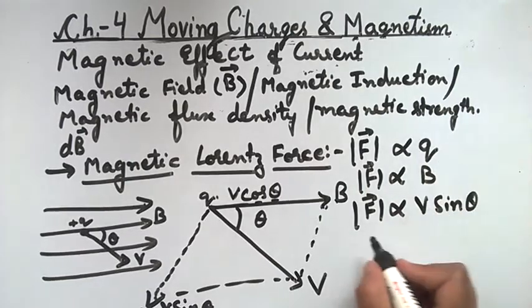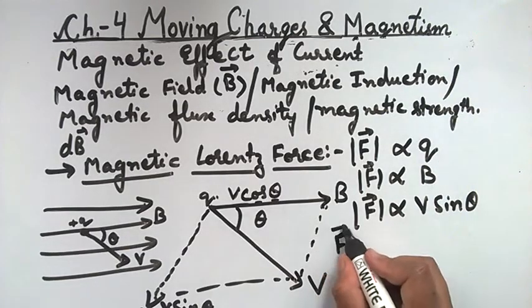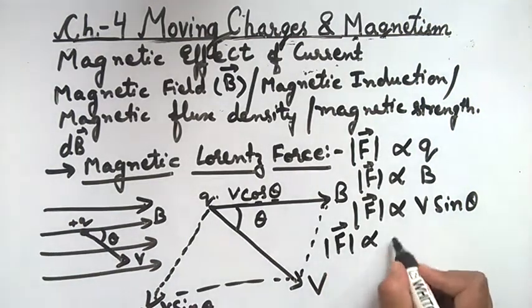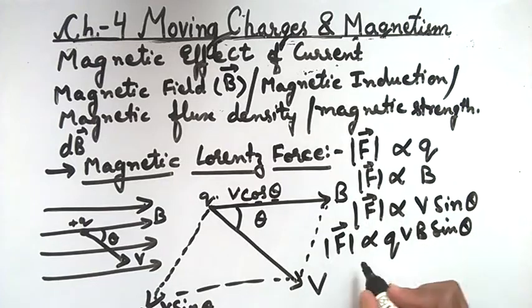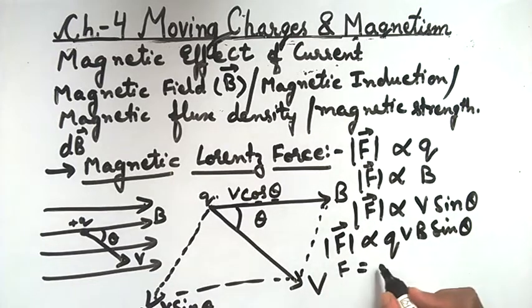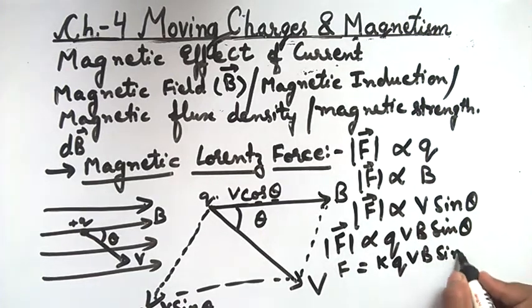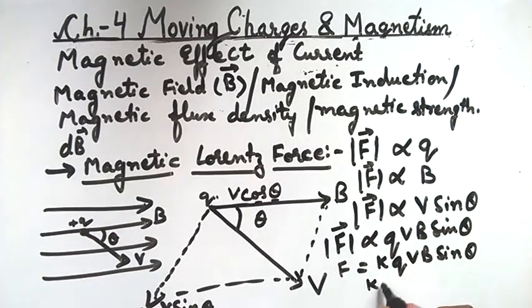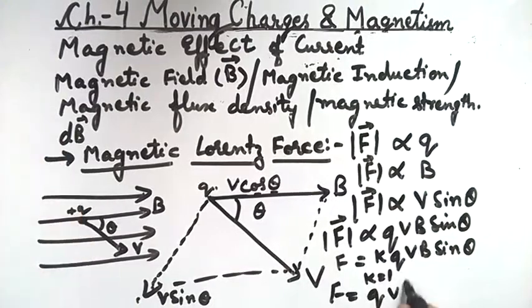On combining these three factors, we get magnitude of force is proportional to qvB sin theta, or F is equal to k qvB sin theta. k is a proportionality constant. Its value is 1. Therefore, F is equal to qvB sin theta is its magnitude form.